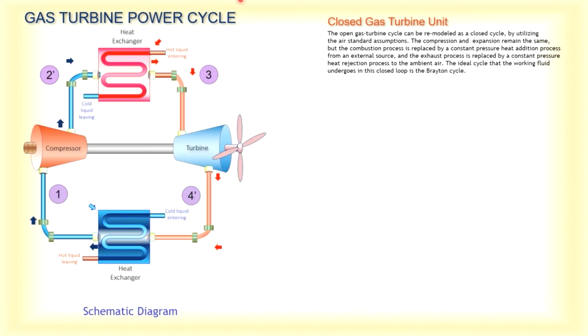Now for the closed gas turbine unit, we have seen this in our gas power cycles, the very first part that we dealt with. You have a compressor, heater, turbine, and cooler.